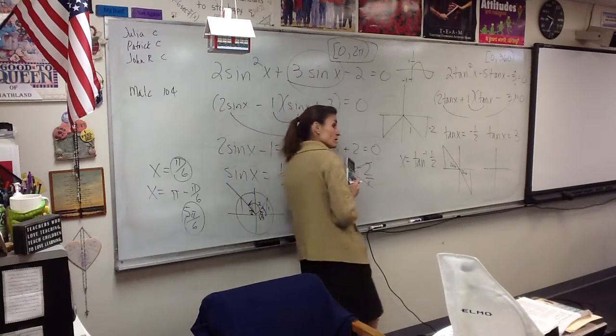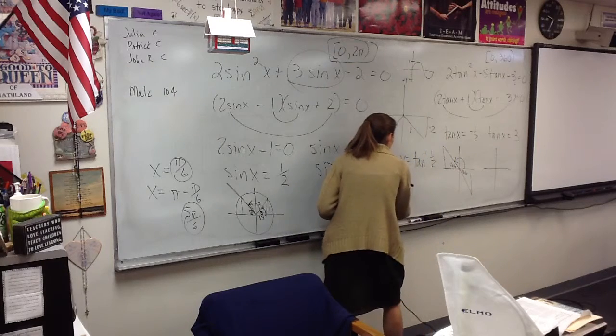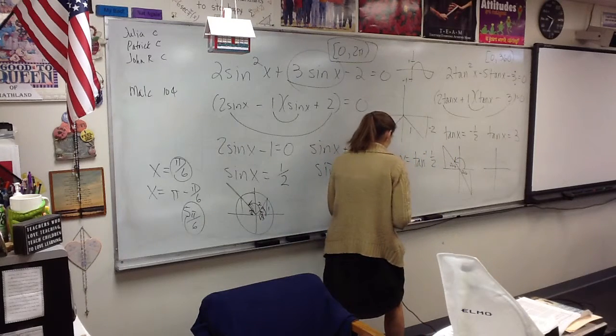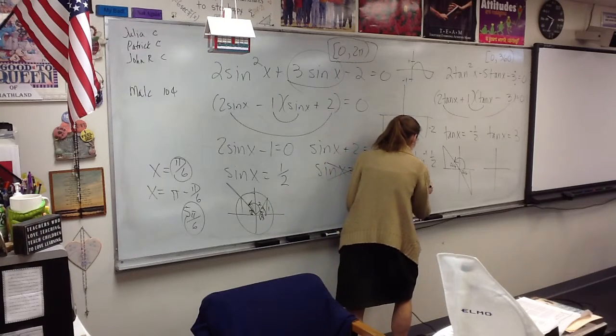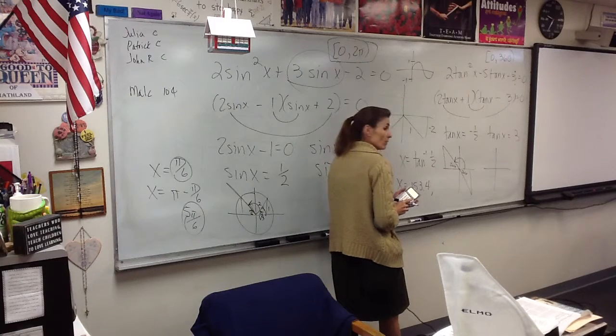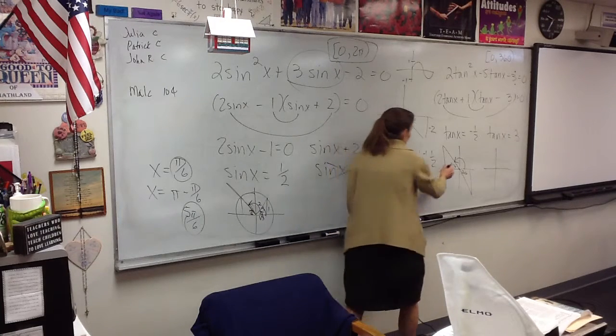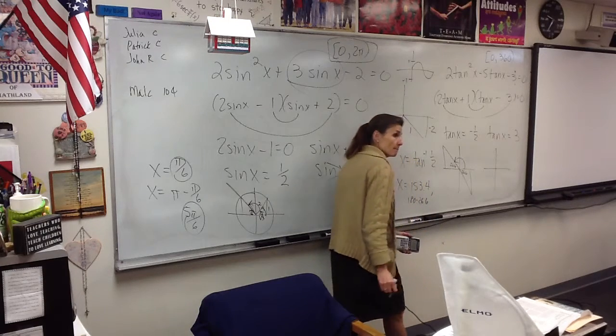What's an answer to the question? Right here. What is that? 153.4. How'd I get 153.4? 180 minus 26.6.